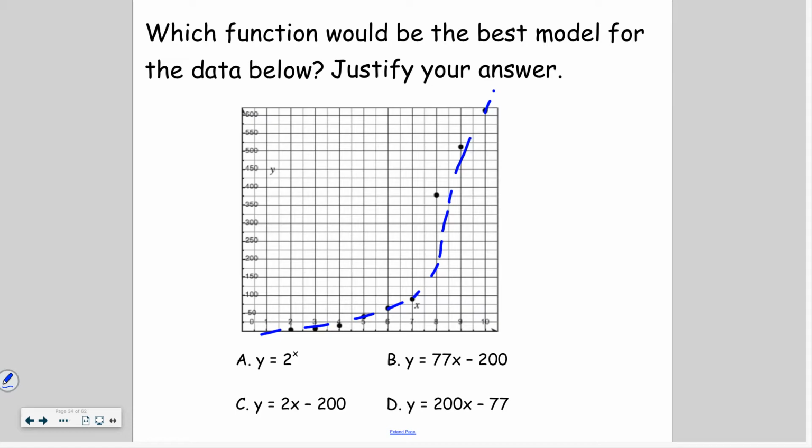If I look at my answer choices, I have an exponential function, which is right here, and the rest of these are linear. And that's just going by knowing your x value. This one, our x value is the first one, a, our exponent is the x. That's why we know it's an exponential function.